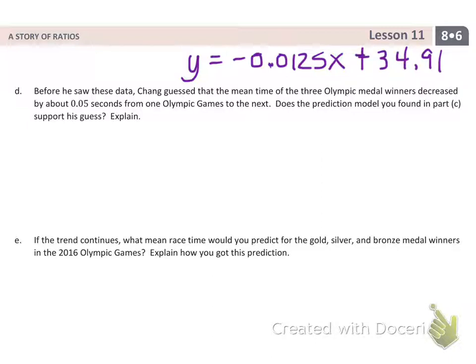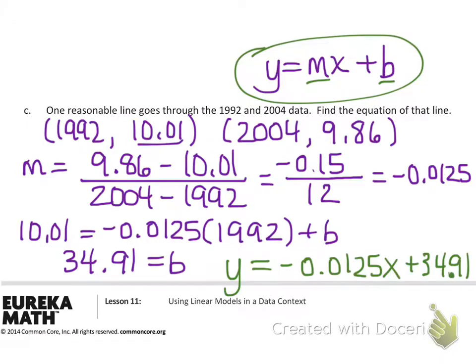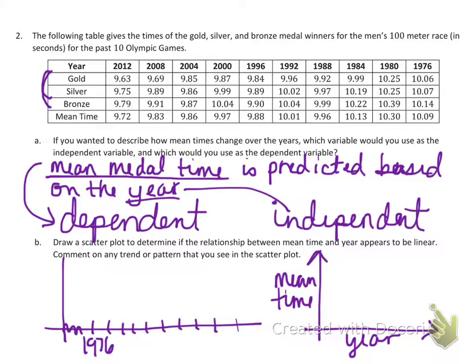Okay, so there's our prediction model. So he guessed 0.05 of a second from one Olympic Games to the next. Just looking at the data, he was thinking about 0.05.